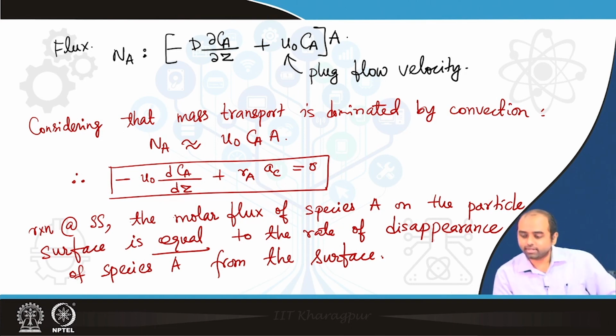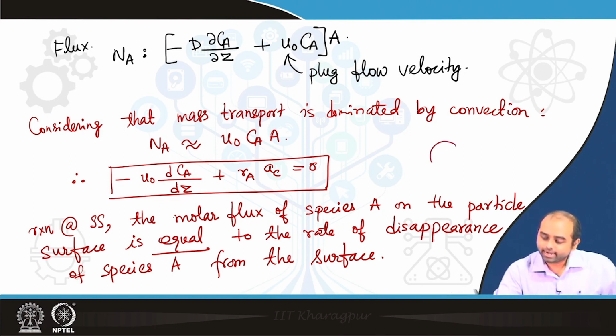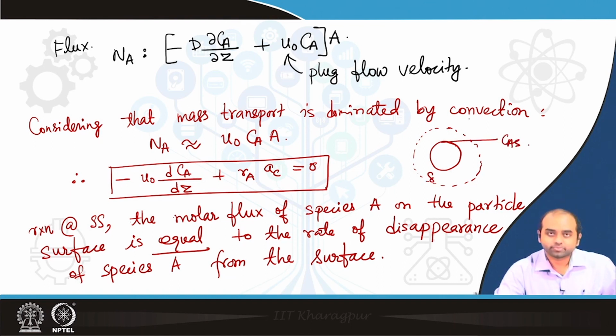So, if there is a catalyst particle, we say that there is a certain boundary layer, let us say the boundary layer thickness is delta. The particle surface concentration is Cs, because of the formation of the boundary layer, and the far away boundary condition is Ca.